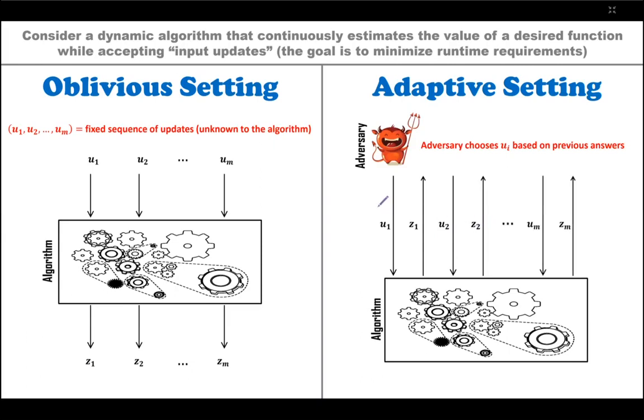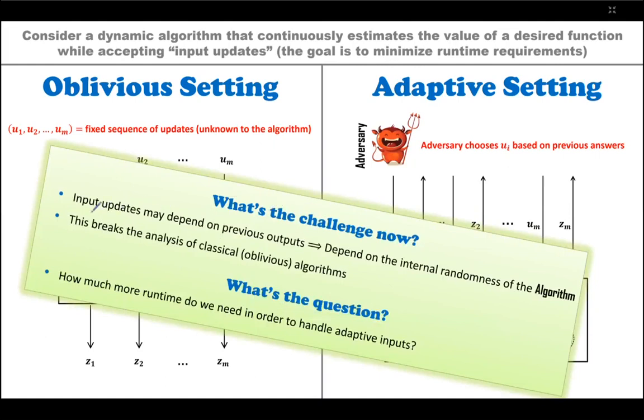And as you can guess, the difficulty with this picture is that the inputs that the adversary chooses depend on the previous outputs of the algorithm, and as a result, depend on the internal randomness of the algorithm, and that's a problem.